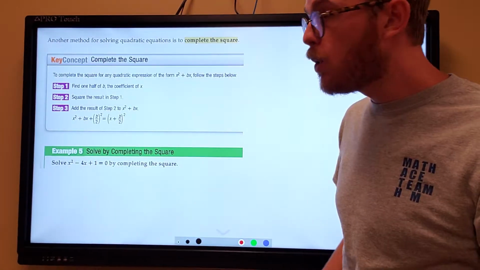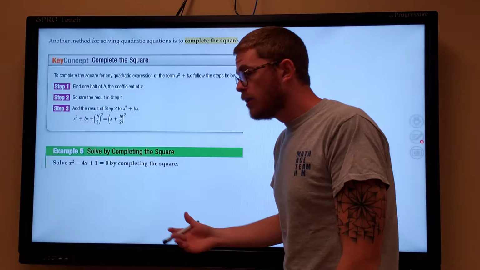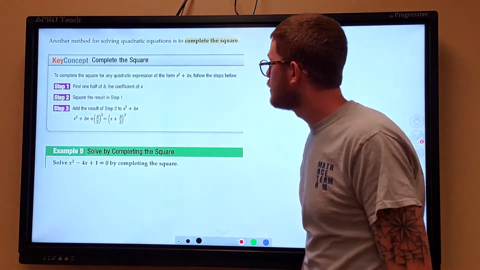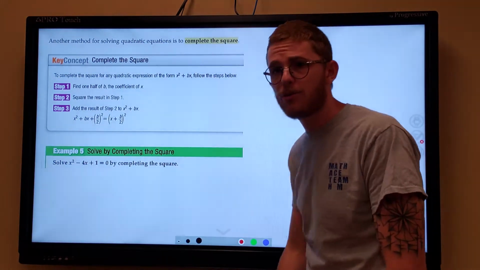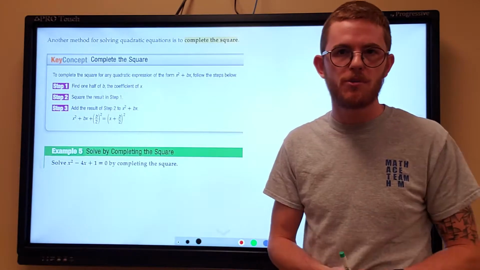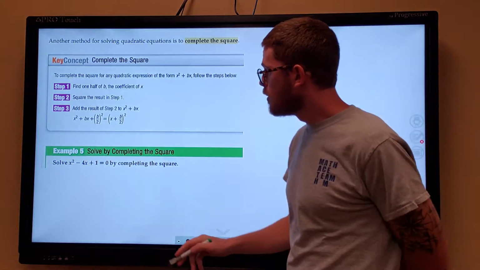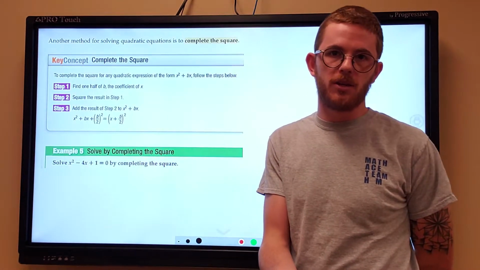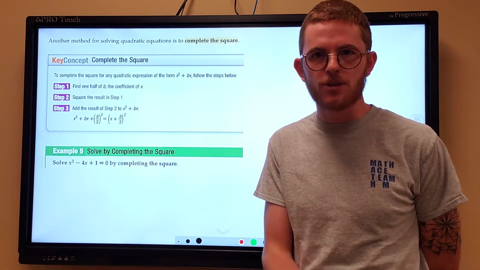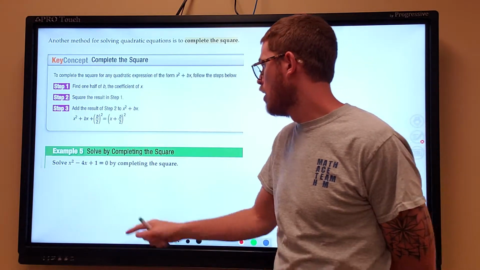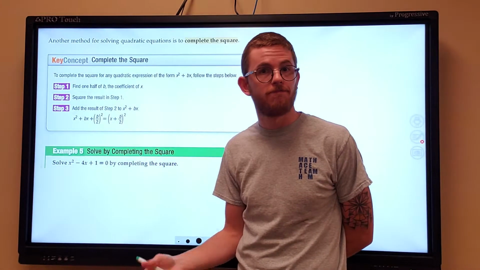Okay, completing the square. Completing the square is a lot easier than it sounds. Here is some steps from the book, but let me show you my steps. I'll make it as easy as possible. So, what's different about completing the square is we actually don't want to set it equal to 0.